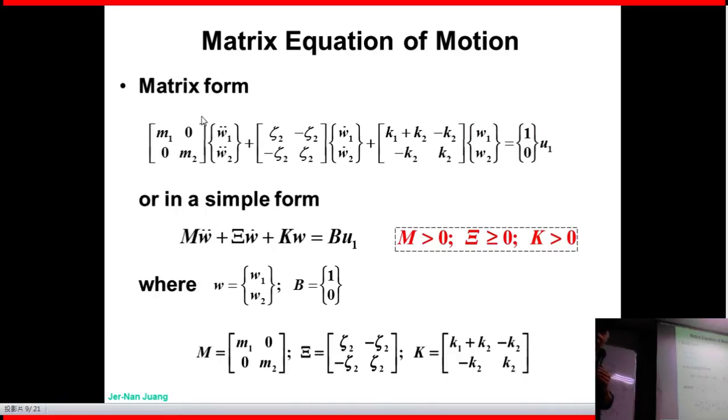Now you might ask, can I model a 101 just by a simple mass and simple spring? That's a good question, right? Can I do that?